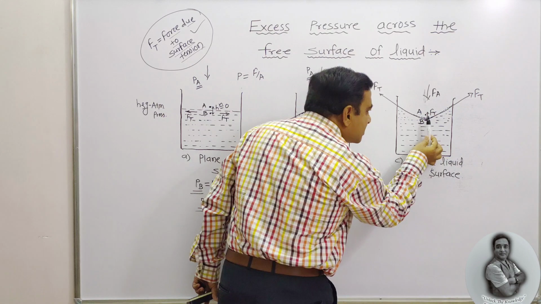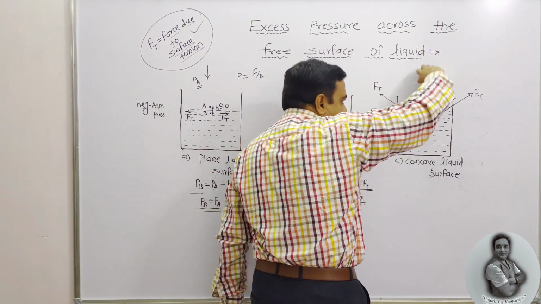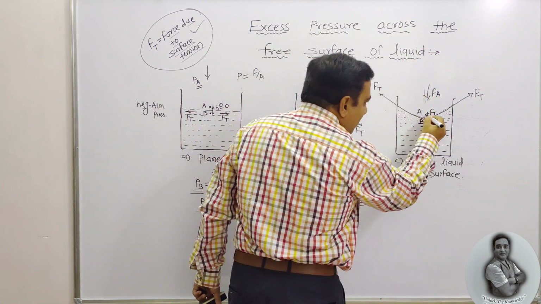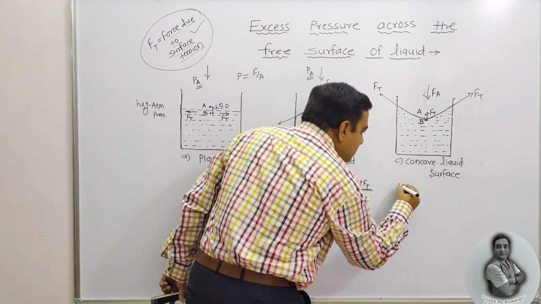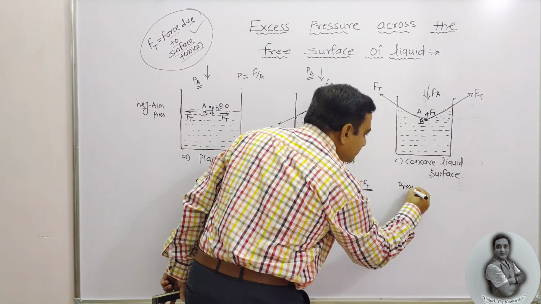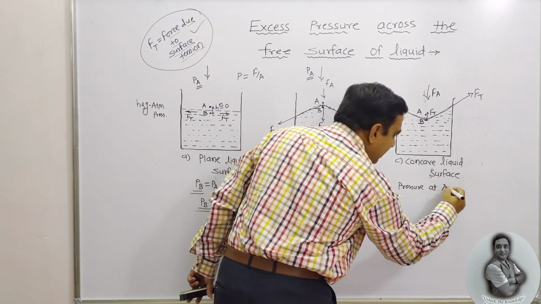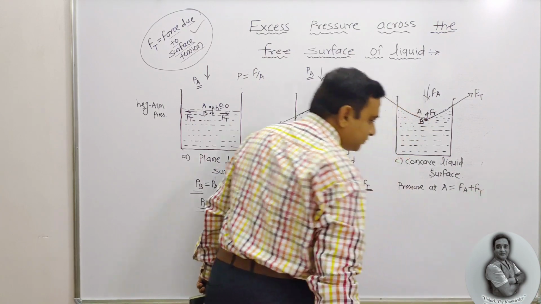Now this resultant force due to surface tension and the force due to atmosphere are both present at point A. So we say that the pressure at point A is equal to Fa plus Ft.